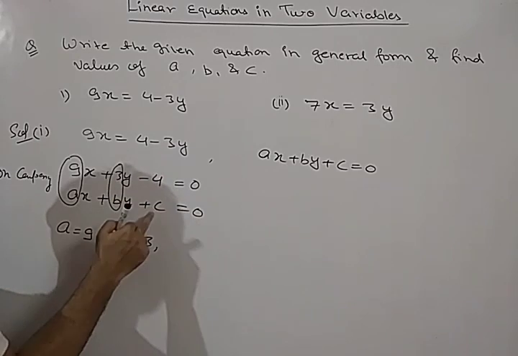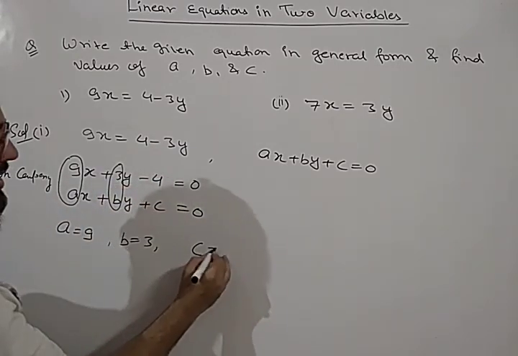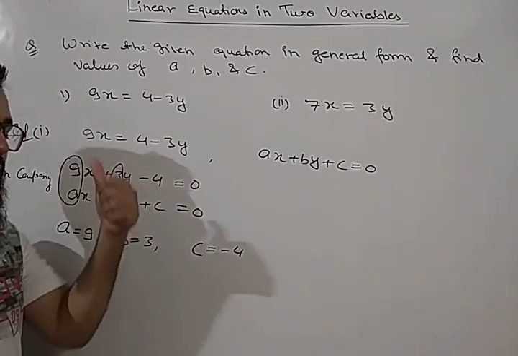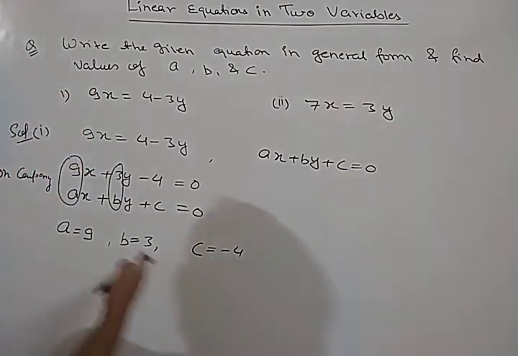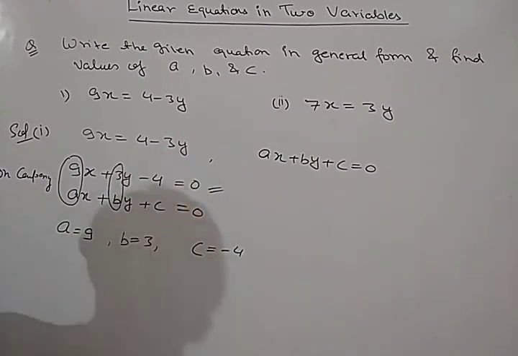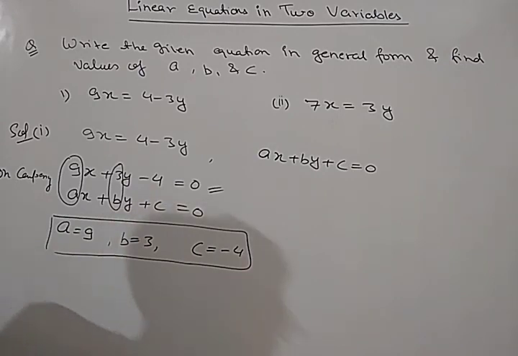And what is the value of c? Here it is a minus sign, so c will be equal to minus 4. Always take c with the sign. The sign is negative, that's why c will be minus 4. So this is our answer. We have first converted the equation into the general form, and these are the values of a, b and c.